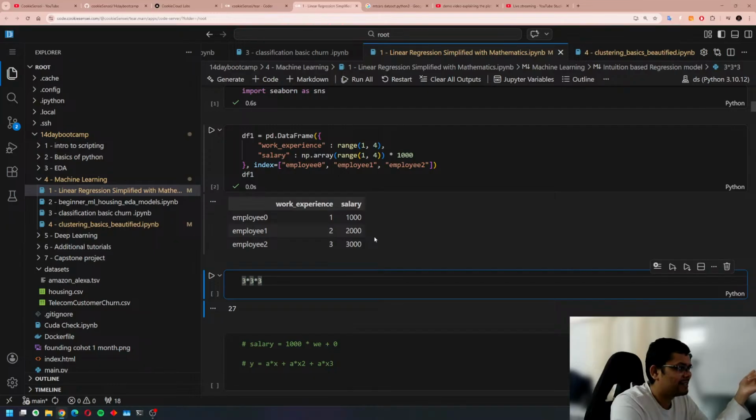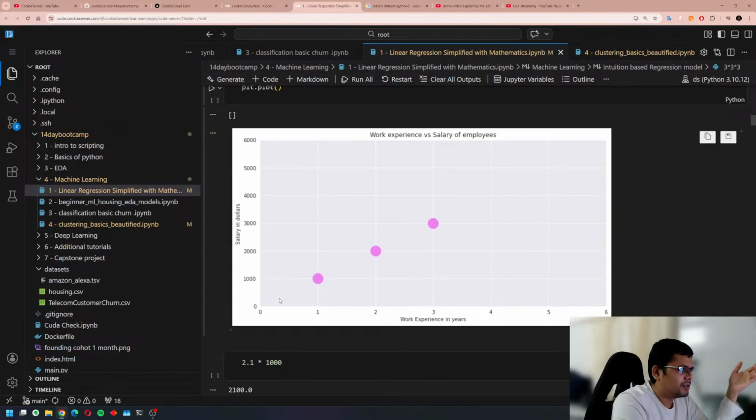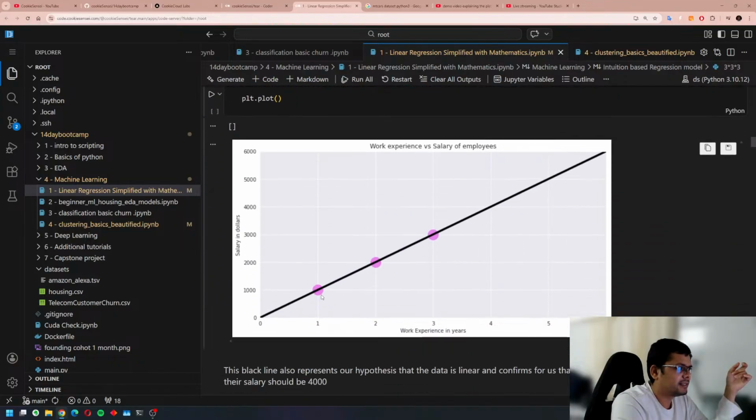I guess you can see the big picture. 4,000 is to be expected. Our human brains expected a pattern like this. So we imagined that there is a line passing through these three data points, and this line also crosses 4,000, and then 5,000, and so on.